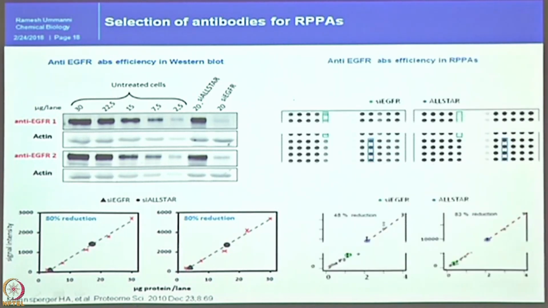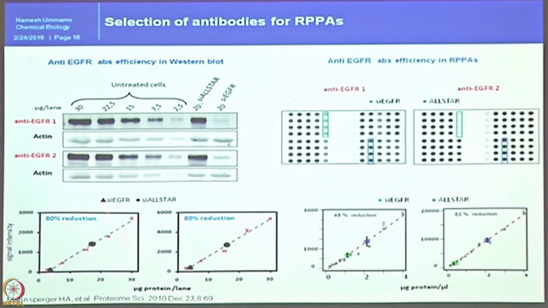How is that? When you did RPPA with the same samples, you can see the anti-EGFR antibody detecting the lysate where EGFR is downregulated, and here are all the control samples. In this case, this is antibody 1, antibody 2. When you look at the correlation, the first antibody detects 48% downregulation, the second antibody says 83% downregulation.